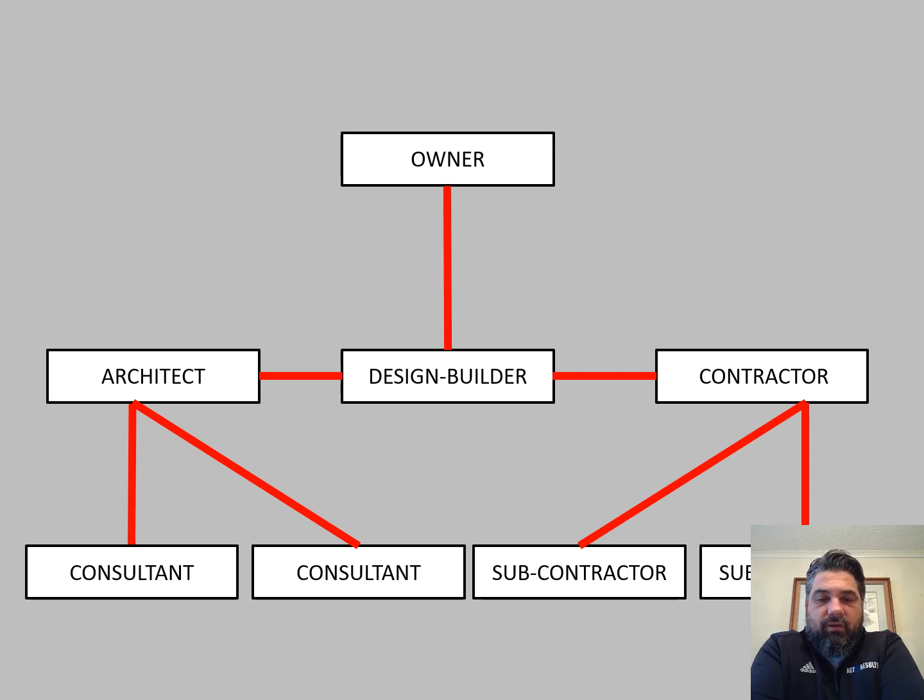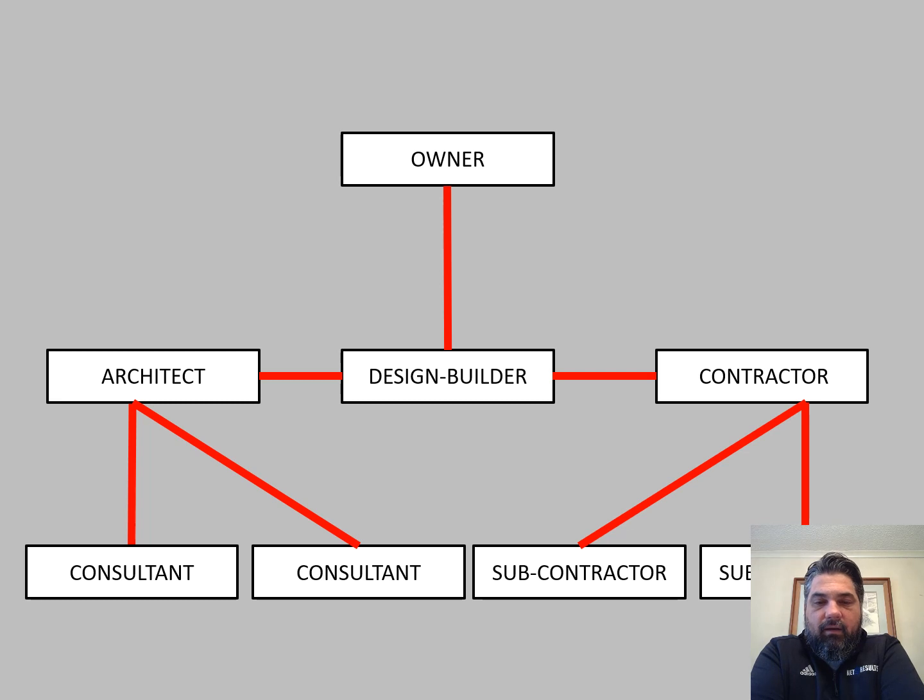Another way that this could look is that the architect and the contractor come together to create some sort of entity as two separate entities. They come together to create a design build team or design build entity that then contracts with the owner.